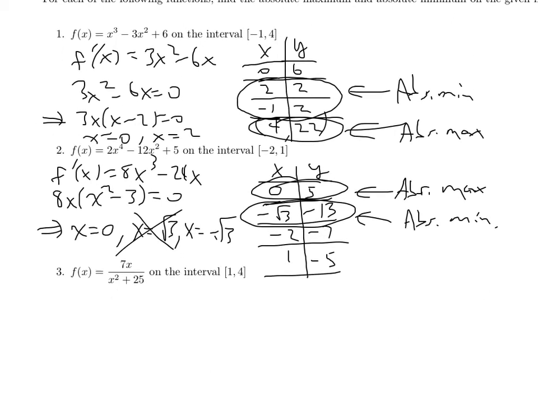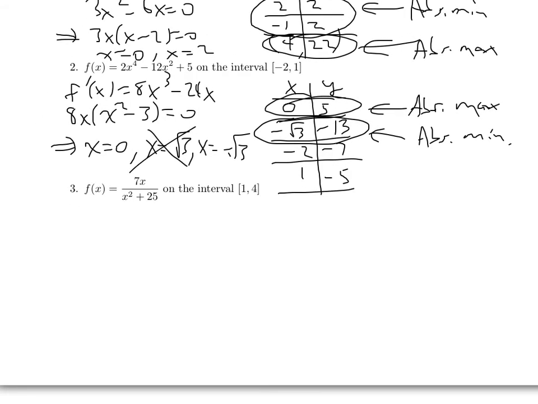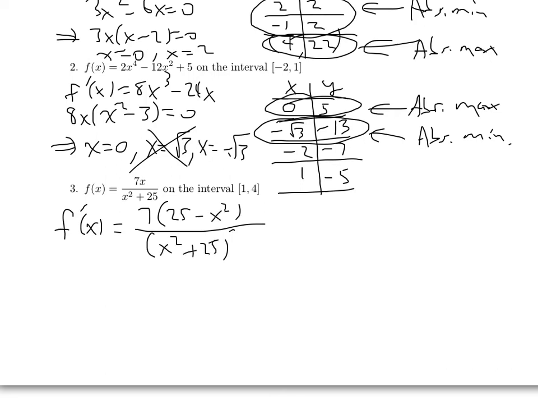Okay, and the last question, I have taken the derivative of this function several times before, so I'll just write down what I get. I know that the derivative here is 7 times 25 minus x squared over x squared plus 25 squared. I know that because I've done it before. We keep using the same problem. It's the quotient rule, and the numerator is simplified.